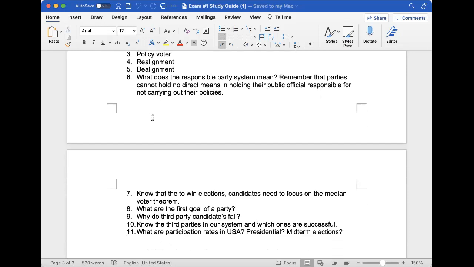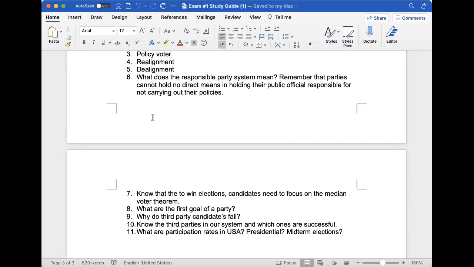One thing that we need to focus on also is the median voter theorem. Remember, the one thing that we discussed was, if a candidate wants to win an election, they have to appeal to the people in the middle. Both the left and right will have their base.